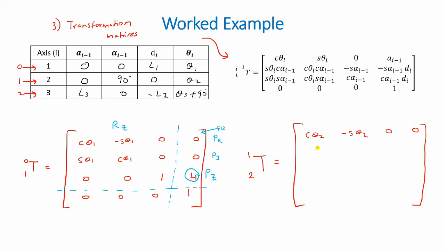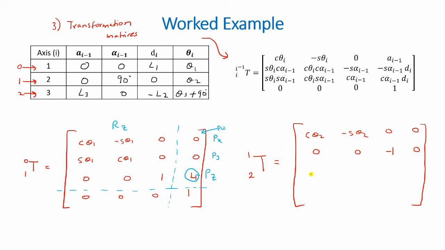Then we have sine theta I, which would be sine theta 2 into cos alpha I minus 1, which would be cos 90. Cos 90 would be 0. So this term goes to 0, this term goes to 0. Minus sine 90 would be negative 1, and this would be 0 because di is 0.